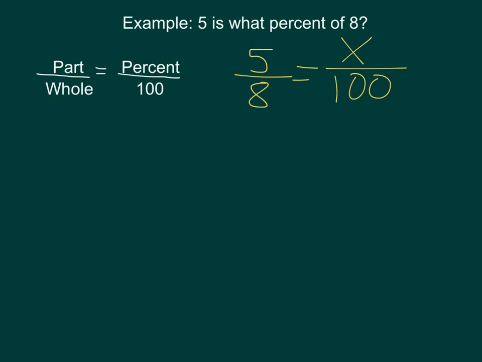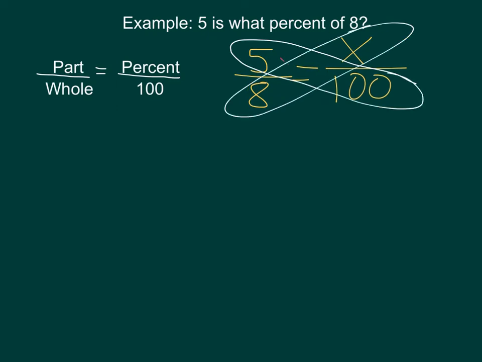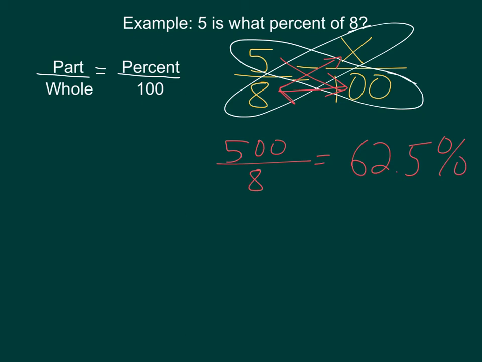Well, there's no easy way to get from 8 to 100, so what I can do is cross multiply. 5 times 100 divided by 8 will give me my answer. And 500 divided by 8, if I plug that into a calculator, I get 62.5. And that is what percent is represented by 5 out of 8.